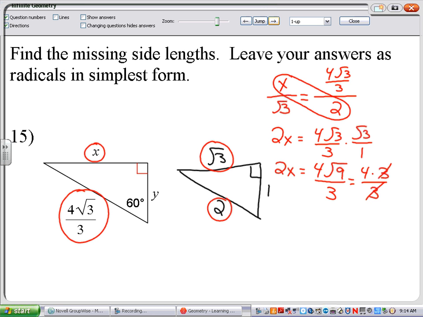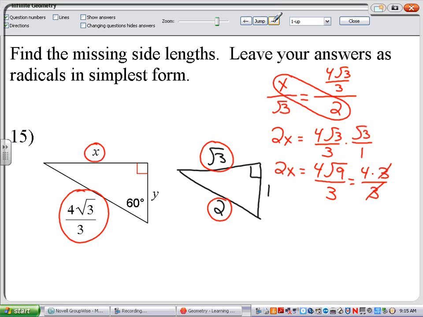fours, and I've made a mistake somewhere. I've made a mistake. X over 3, 4 square root of 3 over 3. I'm looking for a mistake here. Oops, I see it. It's right here.